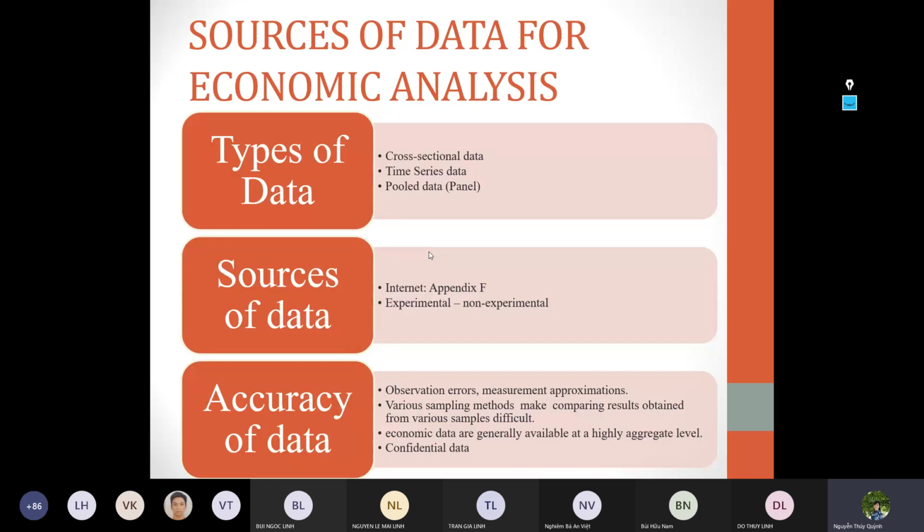So when you see an unsatisfactory result, you need to explain whether it is the problem of the data or the problem of the model. You have to understand your data and your sample to determine whether the result is because of the model or because of the data. All right, that is some notes about the data used for econometric study.